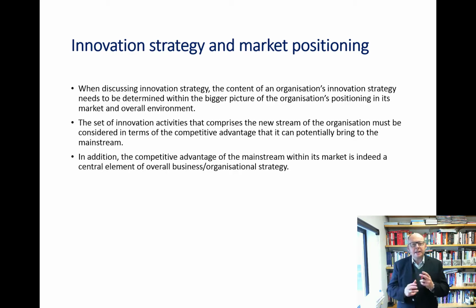Any innovation activity, any entrepreneurial strategy that they develop has to relate to that overall business or organisational strategy. It's got to help reinforce the positioning of that organisation in the market and ensure the viability of the business going forward. So it's really important we understand how these innovation and entrepreneurship activities relate to that overall business strategy.